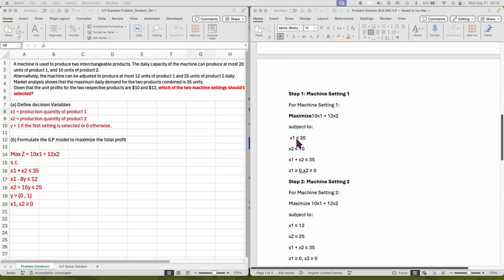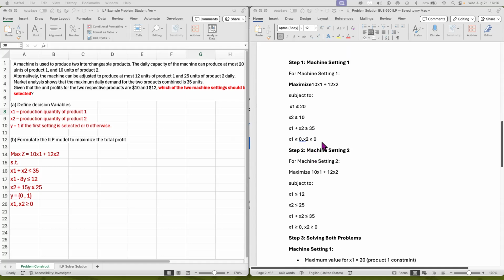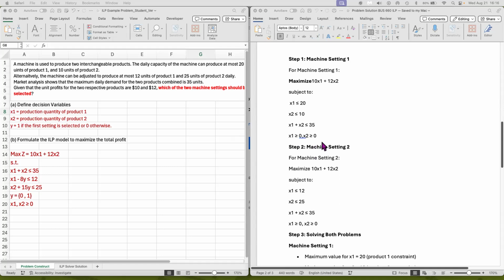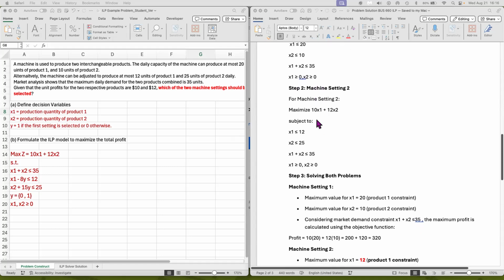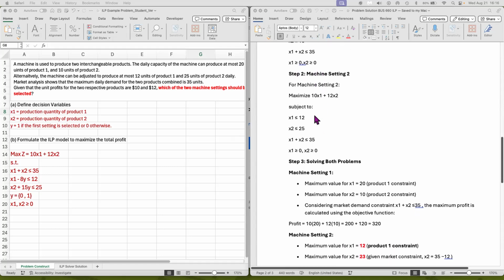Now, x1 is greater than or equal to 20, x2 is greater than or equal to 10, meaning that x1 and x2 have to be greater than or equal to 35. There's our non-negativity constraints, and we go to machine 2 and do the same step.